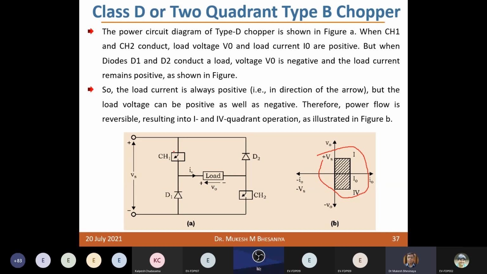So you have arranged the switches in such a way that you can reverse the polarity of the voltage which is applied to the motor. The direction of current will remain the same. You see here, this is minus V0, so the voltage polarity is reversed, so the power is reversed. This is known as a generating action, and this is a motoring action.